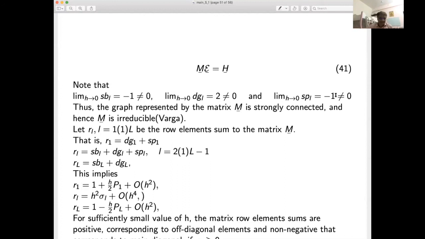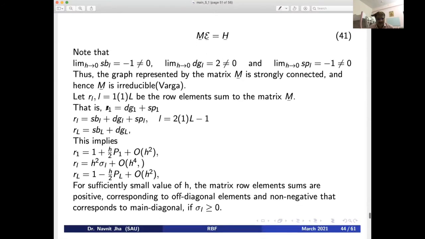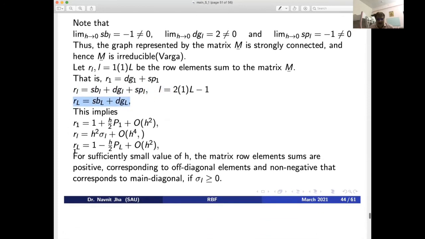Again, if I denote R_i as the row element sum of the matrix M, then you can write R1, then the middle ones R_i, and the last one R_L. You will get R1, R_i, and R_L as this quantity.